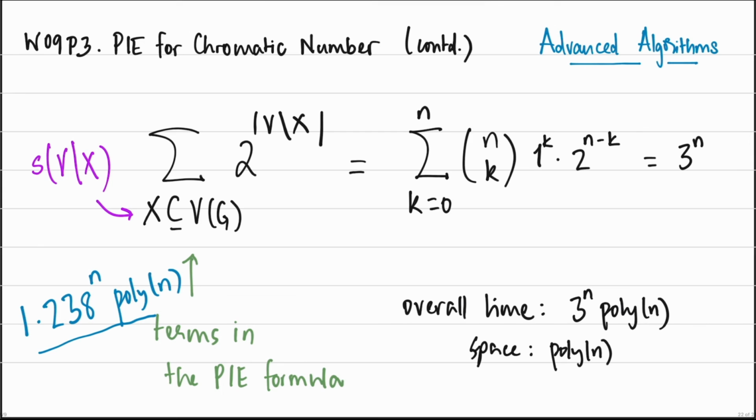So basically, I'm not going to be getting into that algorithm, but using it as a black box, we can simply plug in that algorithm instead of our naive recurrence here. And then instead of spending 2 to the v minus x time, we will be spending 1.23 to the v minus x amount of time, because when you are computing this term, the size of the graph on which you are trying to count the number of independent sets is going to be the size of v minus x.